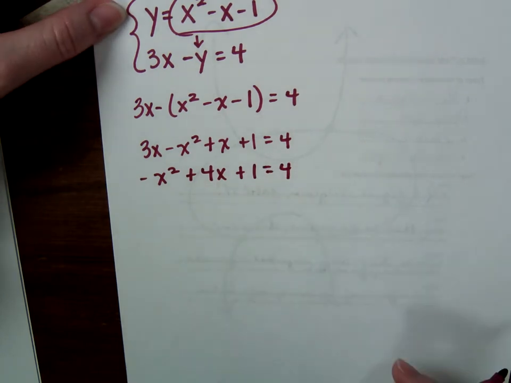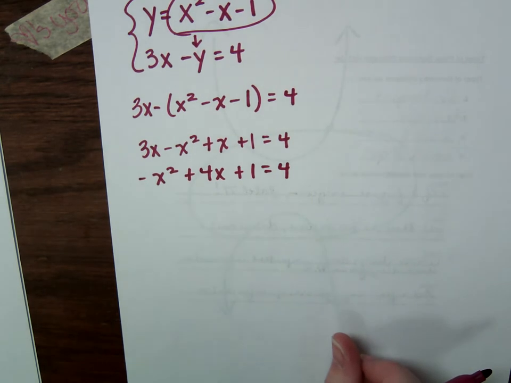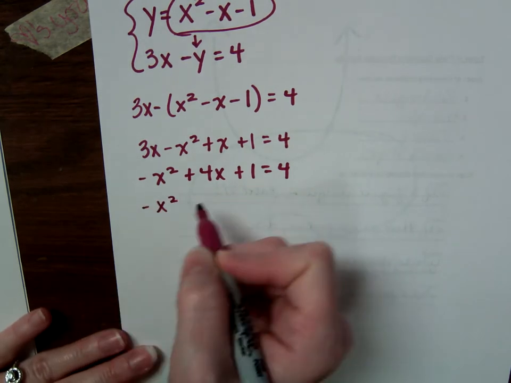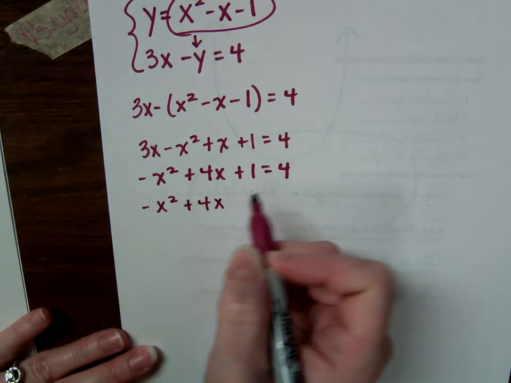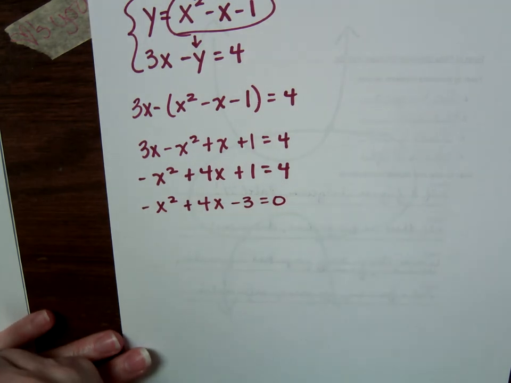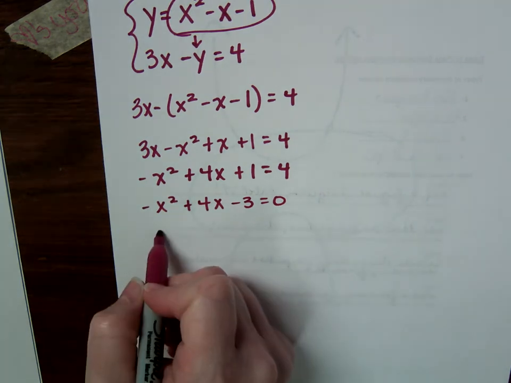Clean it up a little bit. Do a couple of things here. I'm going to move the 4 over, and then because I don't like having a lead coefficient that's negative, I'm going to change the sign of everything.